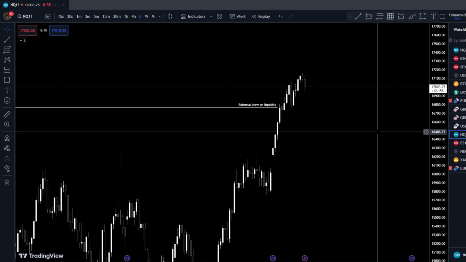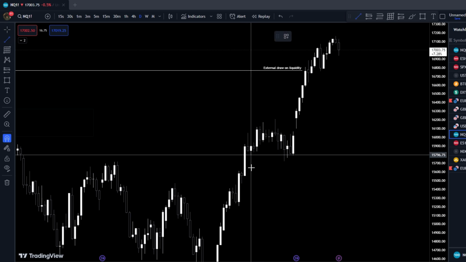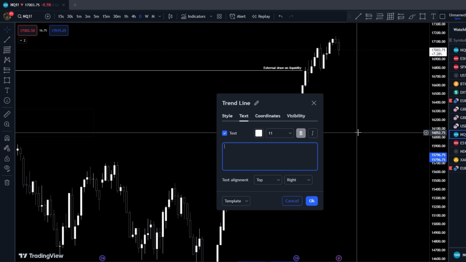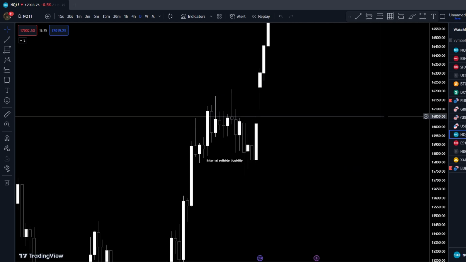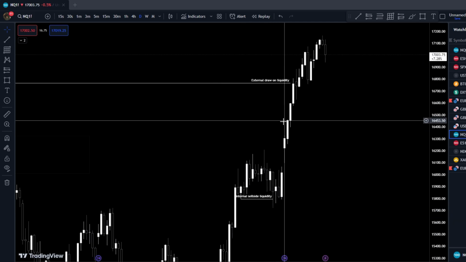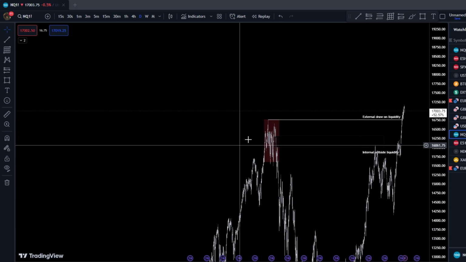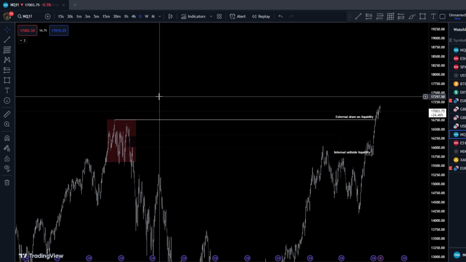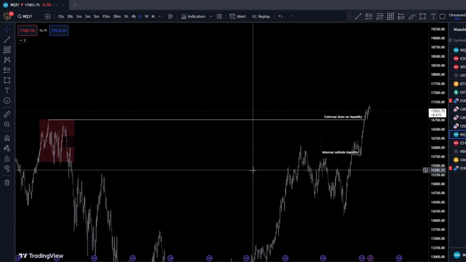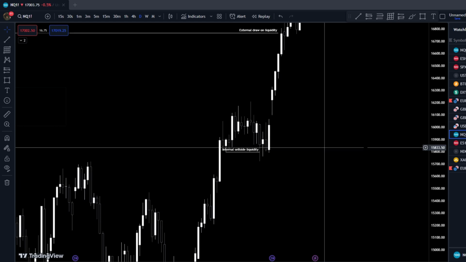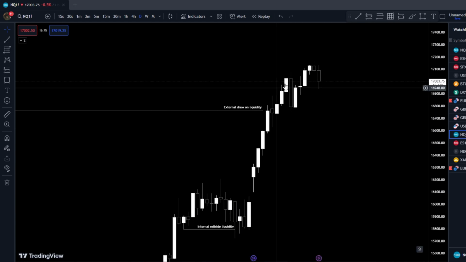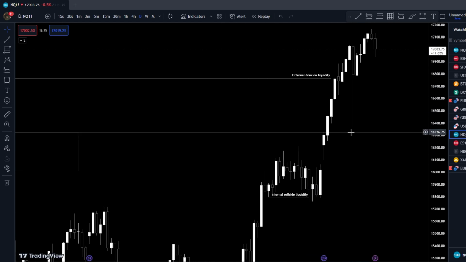So what's internal? This is your internal liquidity. Internal sell side liquidity, from internal to external. External means the very top, the external price high, the swing high from this moment to this moment.